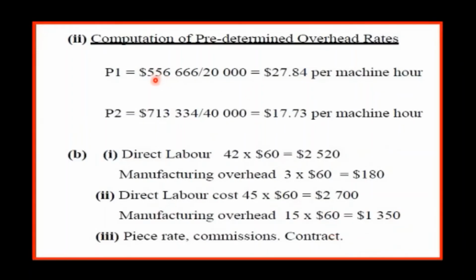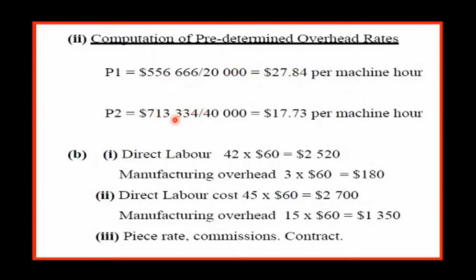So 556,666 divided by 20,000. As a matter of fact, you could do this first before you allocate the thing, and you get the predetermined overhead rate, and then you apply it to get back this figure.